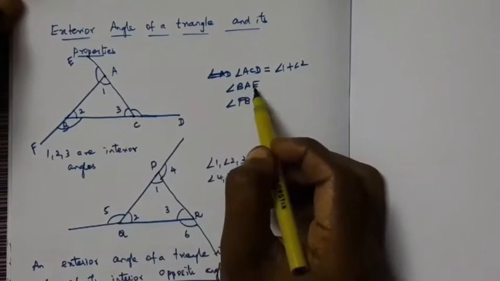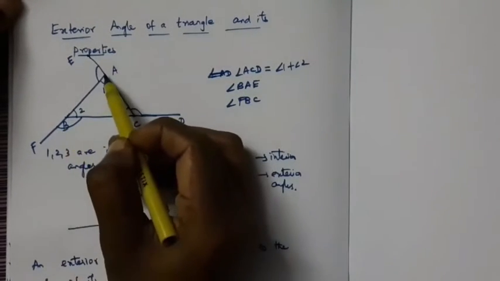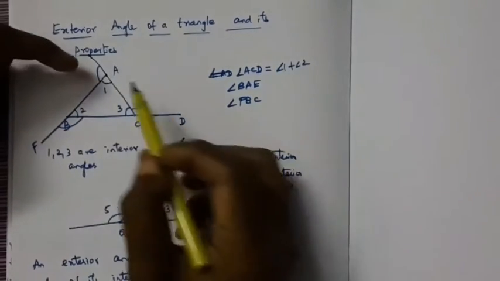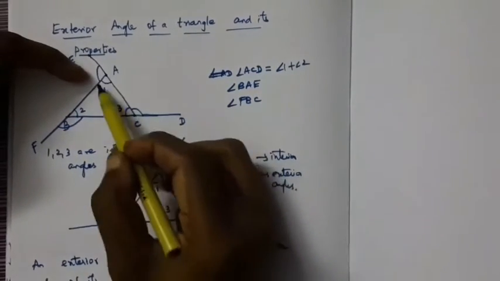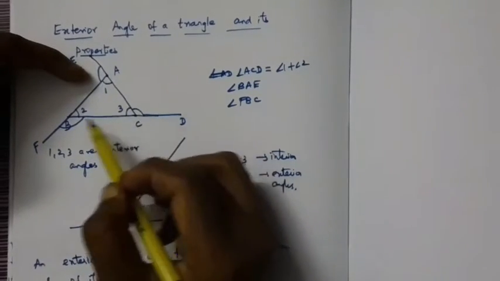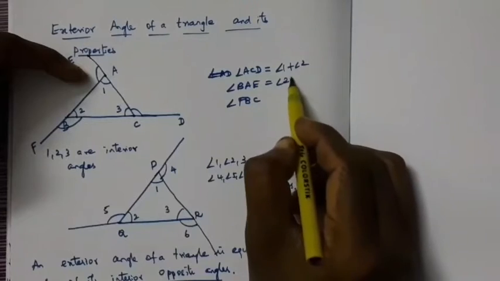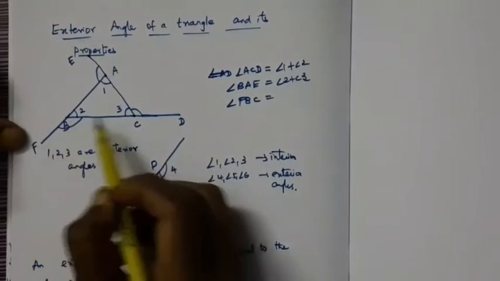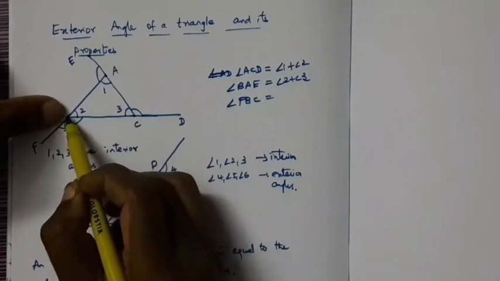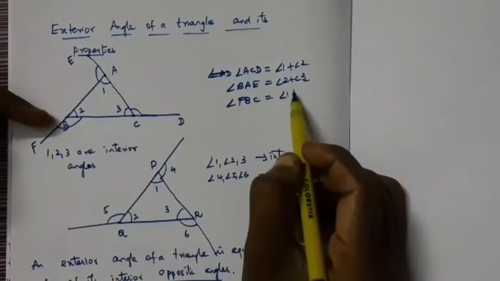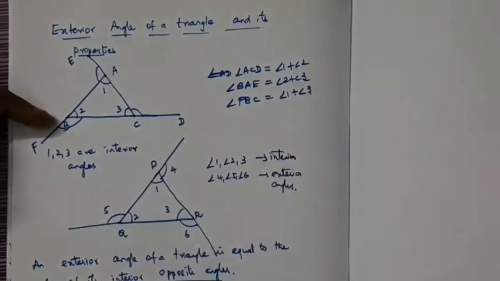Similarly, what is BAE? This angle is equal to its opposite interior angles, which are angle 2 plus angle 3. Similarly, here, angle FBC, this vertex. The opposite to this vertex is angle 1 plus angle 3.